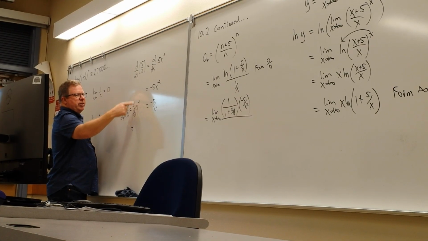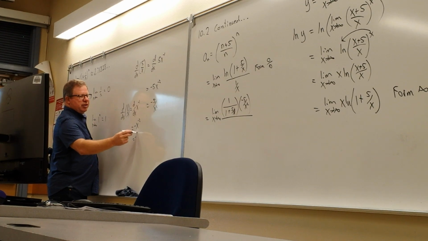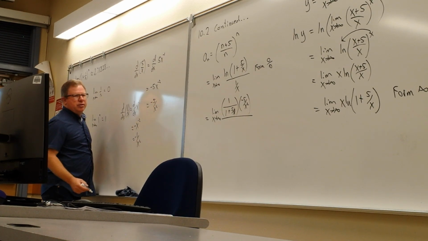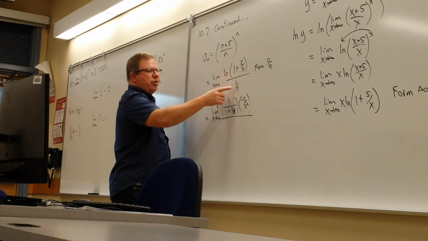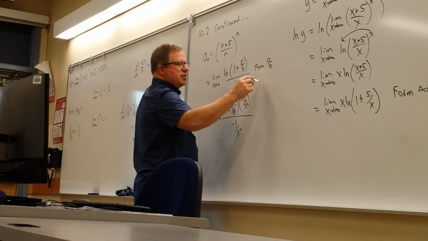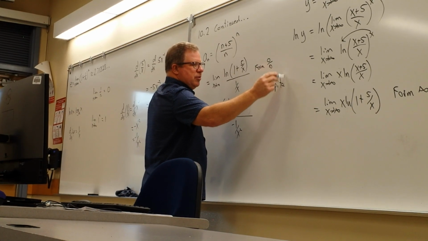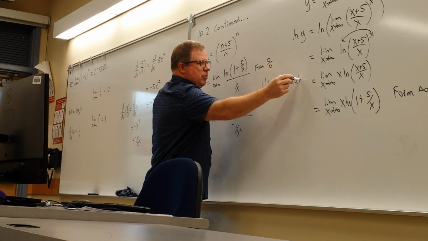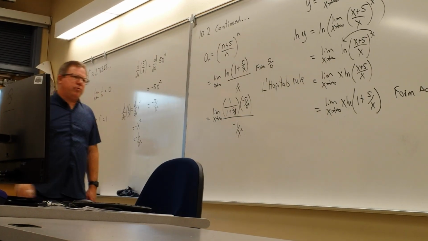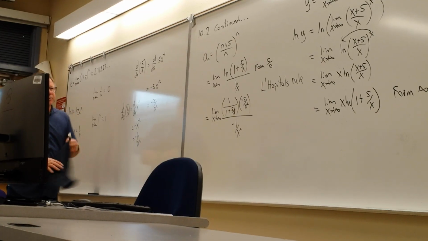Bring the negative 1 down and subtract 1, which is negative 1 over x squared. So the derivative of 1 over x is negative 1 over x squared. We just did L'Hopital's rule. Erase this scratch paper work here.